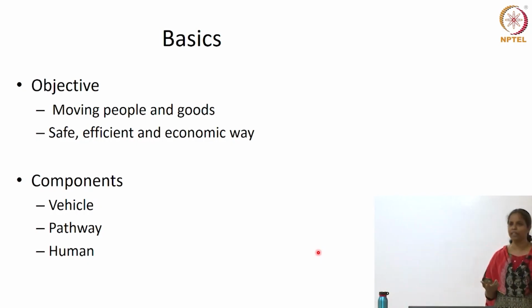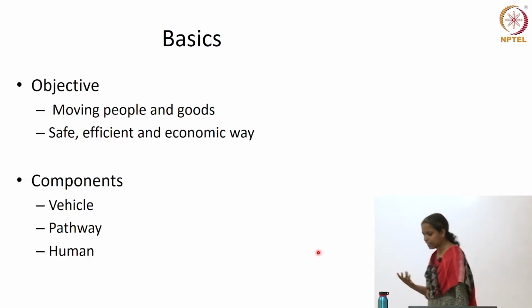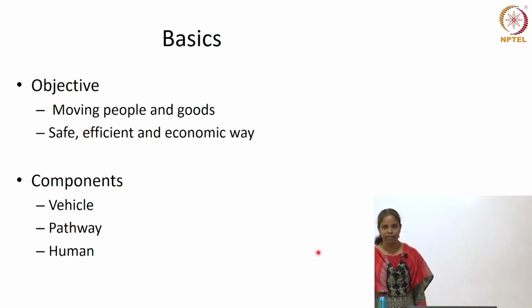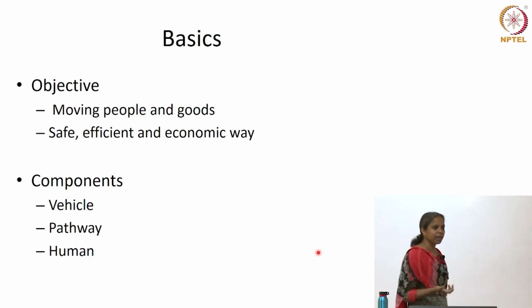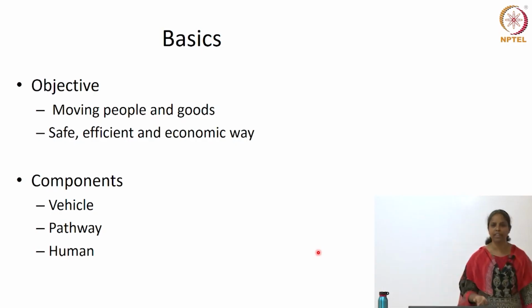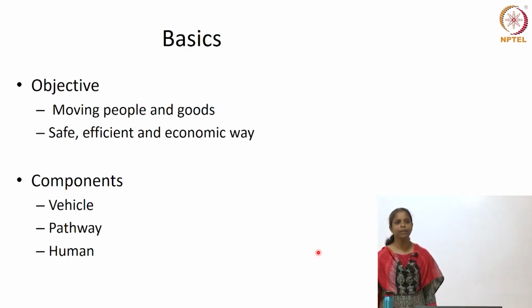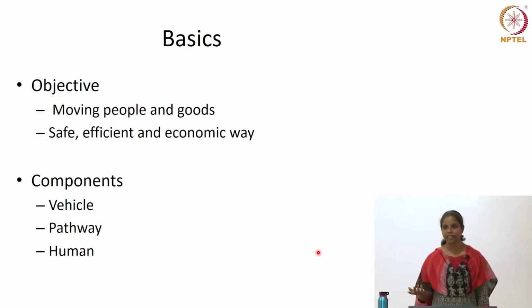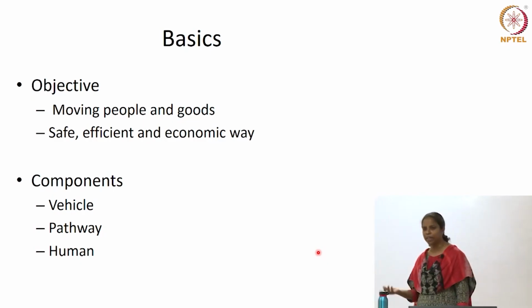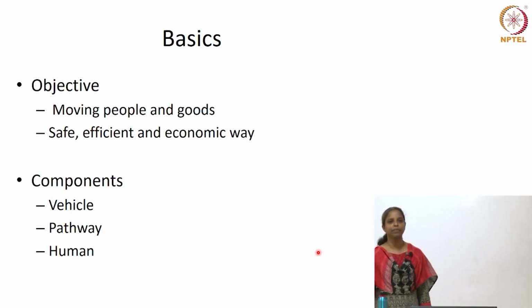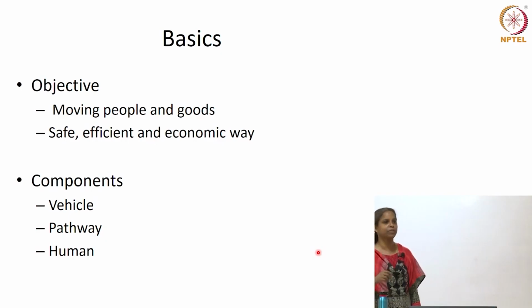So, what is the problem here? I have a problem with these three objectives. When you talk about safe, how do we make a traffic system safe? Usually you talk about reducing speeds, right? That's how you make it more safe. But if you want to make it more efficient, what should you do? You have to make the movement as fast as possible, right? So, we are seeing some conflicting objectives in the whole process.